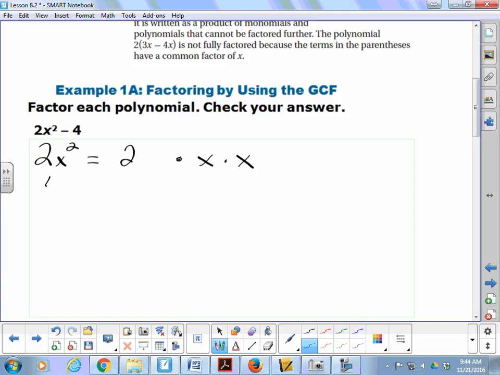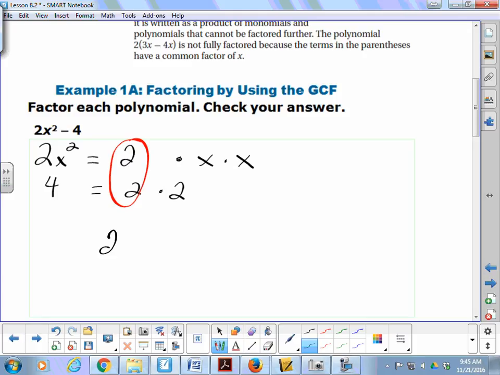And 4 is 2 times 2. And when we talk about factoring the greatest common factor, we find out, what do they have in common? What do these two have in common? Okay, they have a 2. So we have a 2 in common.